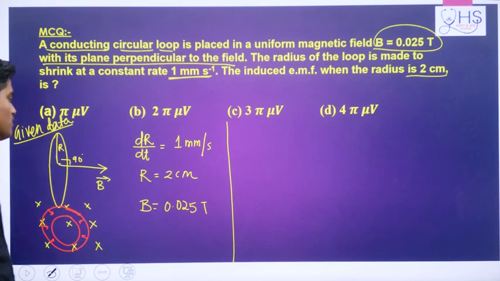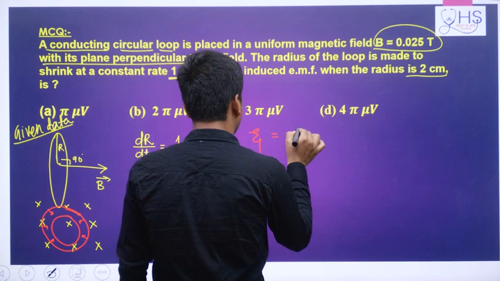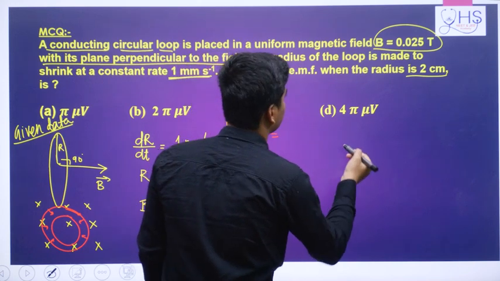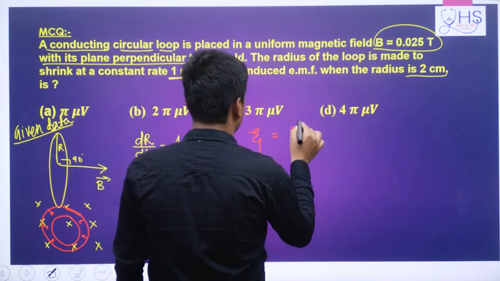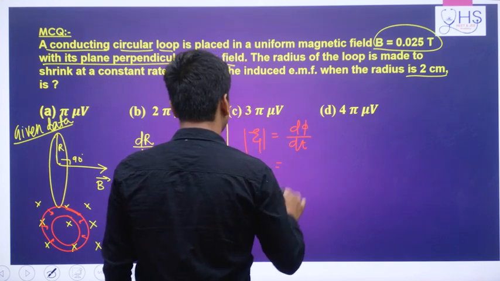So we'll see now how to calculate this. We use our direct formula, EMF equal to N d phi by dt, but the number of turns is not given. So for the magnitude, let me write directly d phi by dt.